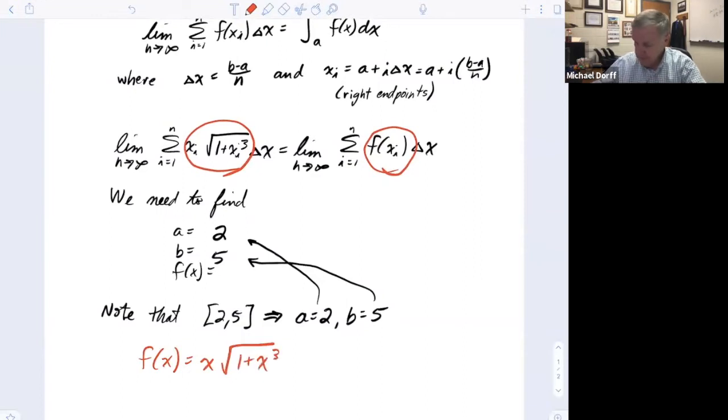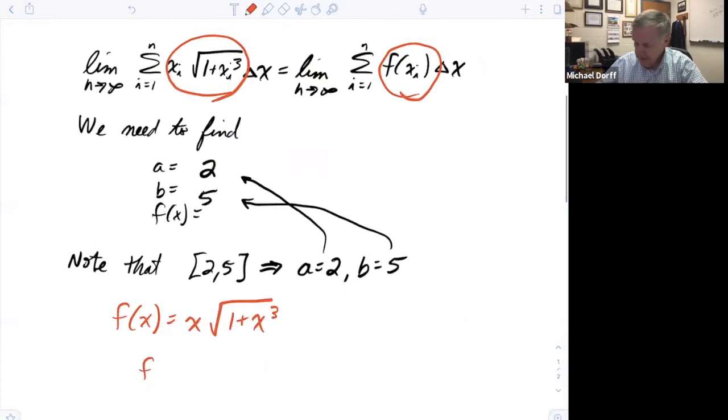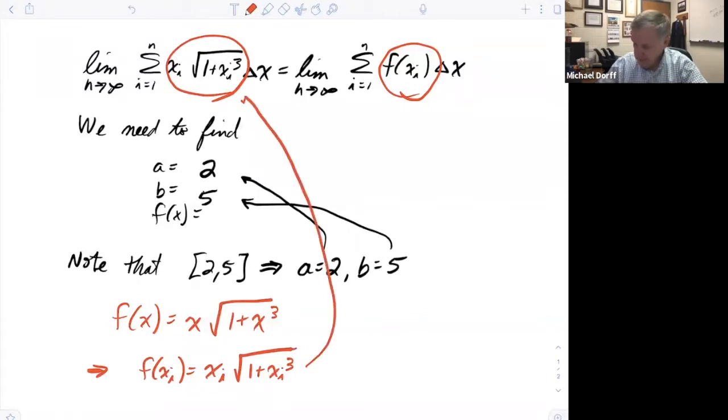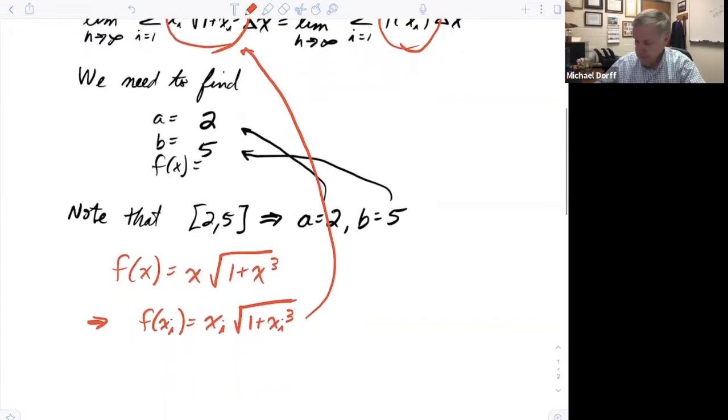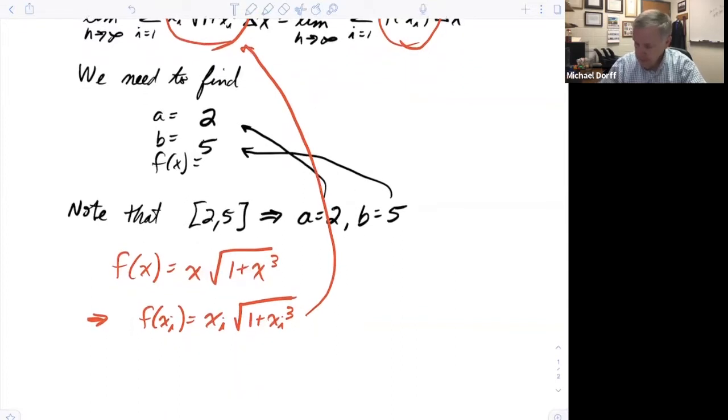Because now if I put in f of x sub i here, that's going to be x sub i times the square root of 1 plus x sub i cubed. And that's what we have right up here. So it works.